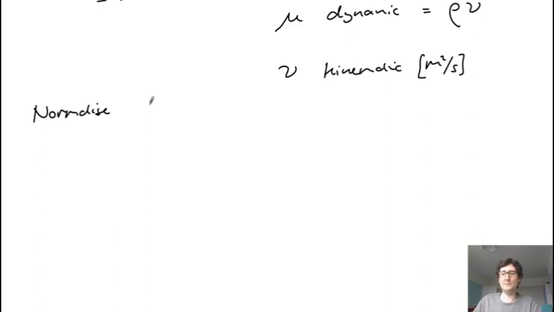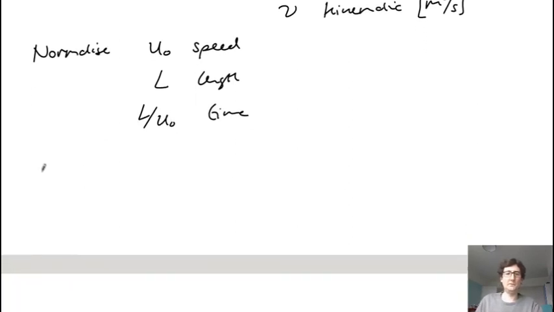I'm going to pick some typical velocities, so we can pick a velocity u0 as a speed, a length L, and that of course gives a time, which would just be L over u0, a typical time. And so we can normalize all the equations just by writing the normalized u, which I'll put a hat on, as u divided by u0. So that just normalizes it all to around 1.